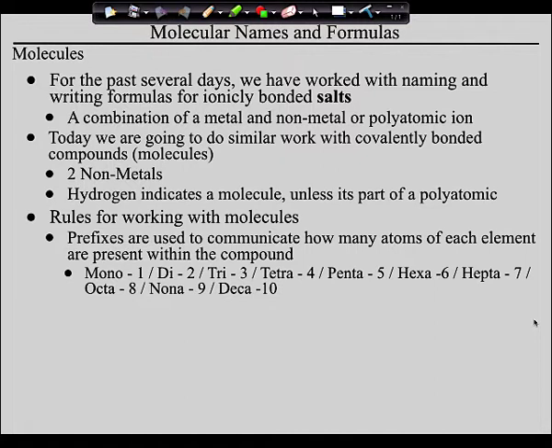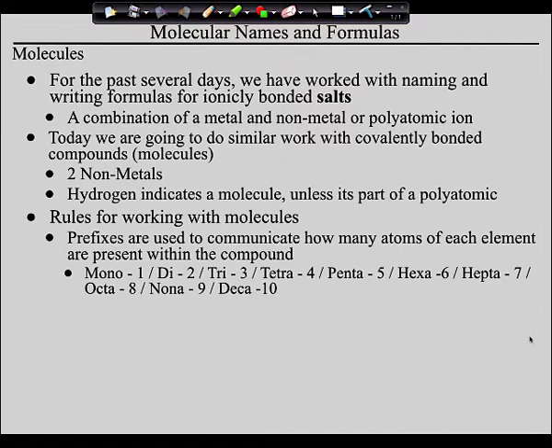You probably knew hexa was 6. I doubt you knew hepta was 7, but now you do. You knew that octa was 8 because we've got an octet rule. You probably didn't know that nona was 9, but it sounds like 9, so that'll work out. And then deca you knew was 10 because there's 10 years in a decade. There you go.